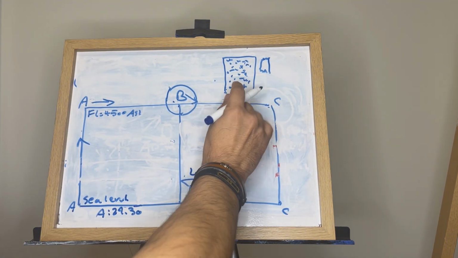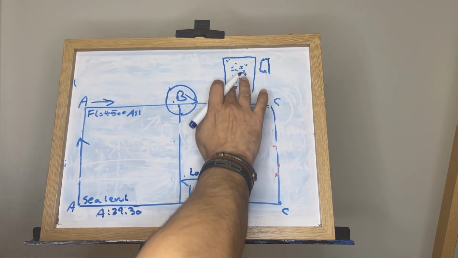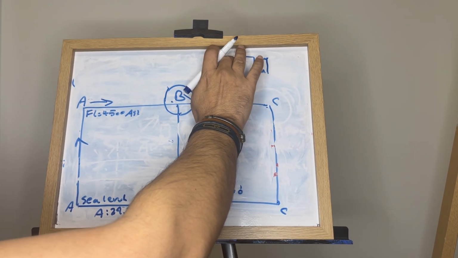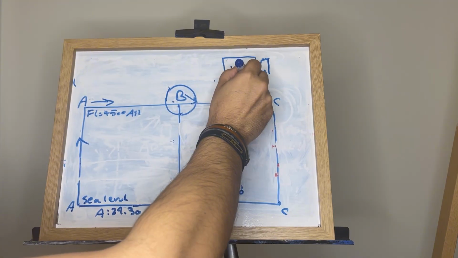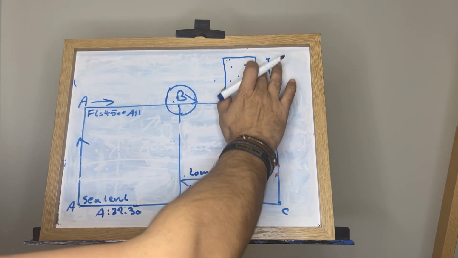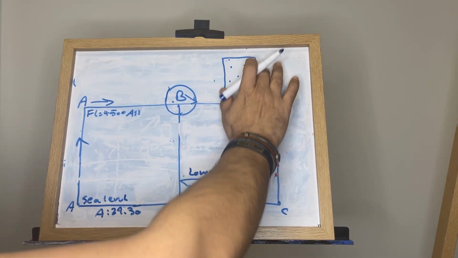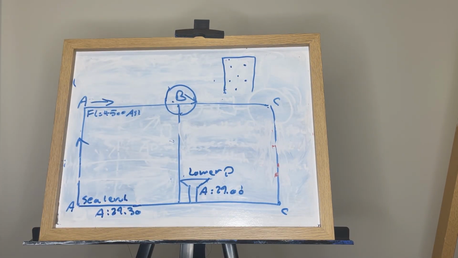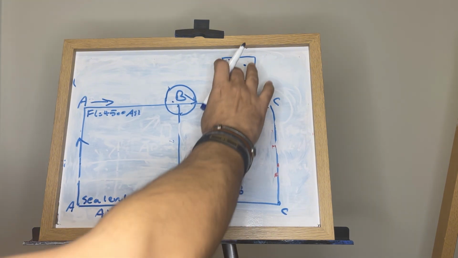In lower pressure, what will happen? Air density is decreasing, right? There is a lot of room between air molecules. When air density is decreasing, pressure is decreasing.